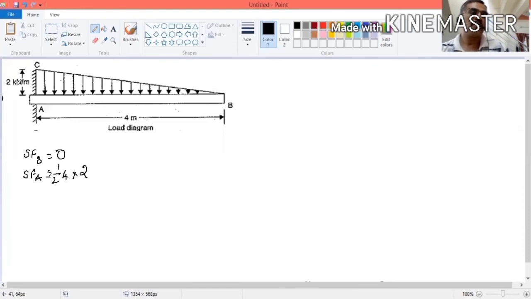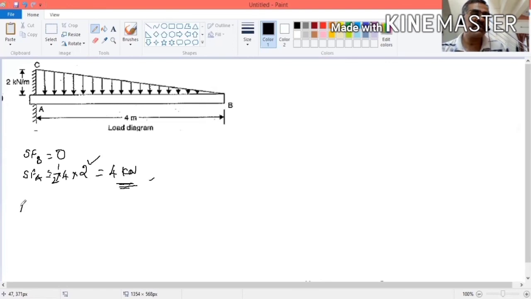If it is uniform, you multiply with the distance; if it is not uniform, you have to take half of the length. So the total load is 4 kilonewton, right?